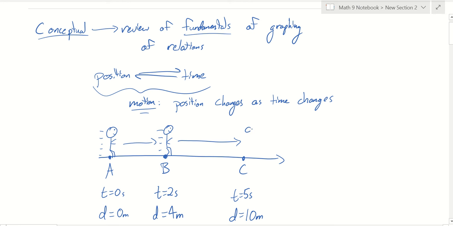This is just a diagram of your motion, keeping track of time and position at different moments, and looking at how time corresponds to position at all of these different points, A, B, and C.